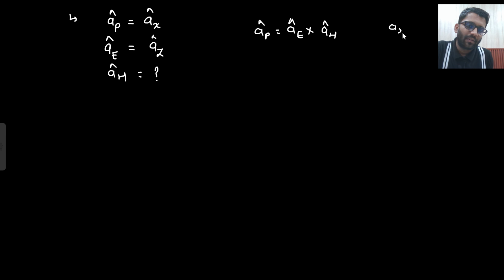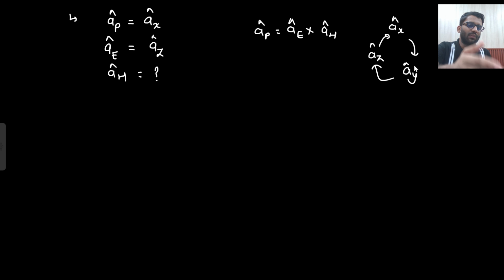Also I will draw: aX cross aY will give me aZ, aZ cross aX will give me aY, aY cross aZ will give me aX. So here it is aX cap, wave is traveling in positive x direction, right? aE cap is aZ cap.